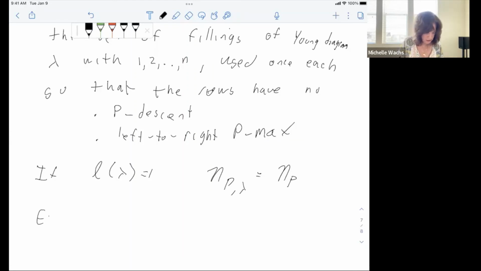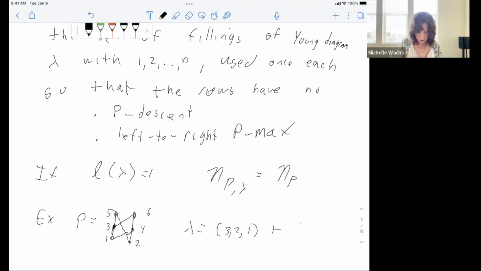So let's look at an example. The example we used before, 1, 3, 5, 2, 4, 6. And lambda now, let that be 3, 2, 1.